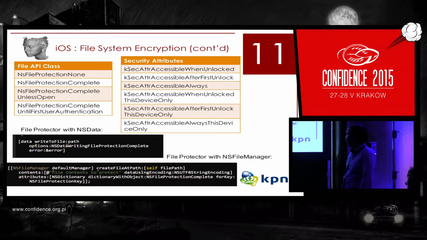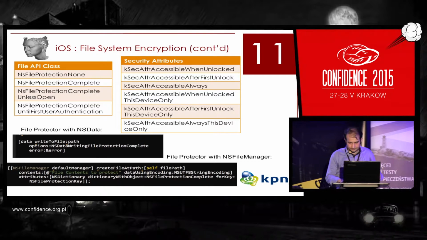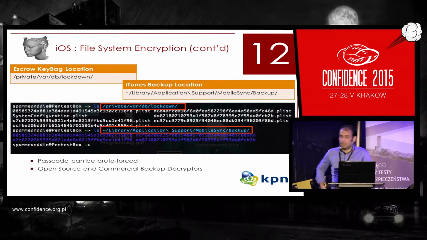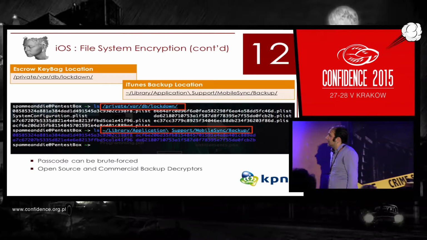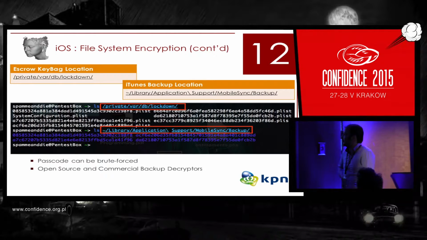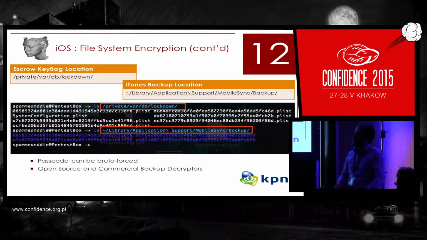The subtle difference between the two calls is that by using FileManager over NSData, you can specify these attributes, but NSData doesn't give such an option to the developer. As I mentioned, the keybag locations and the escrow internal locations are stored on your device, in the private lockdown directory within your phone.